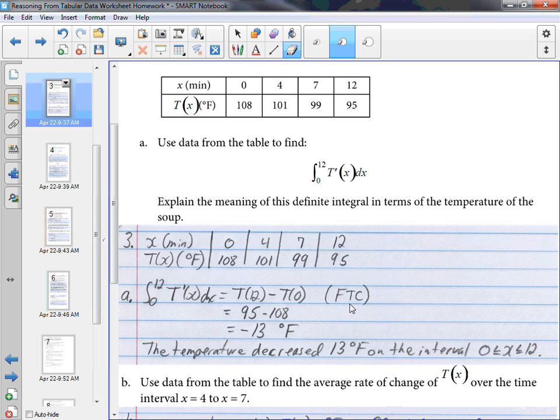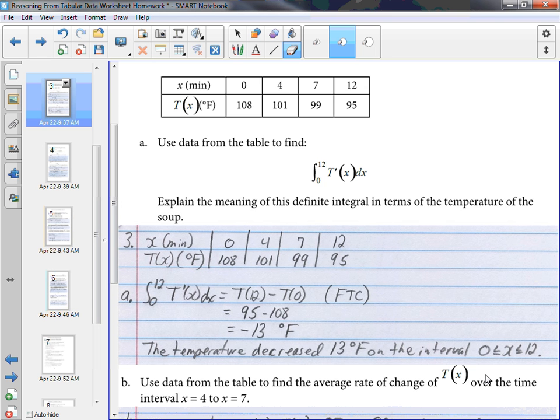That's the fundamental theorem of calculus. So 95 minus 108, and we get a negative 13. Are you surprised that it's negative? You shouldn't be, because the temperature's decreasing, so as we accumulate the change, it ought to be negative. Okay? So the temperature decreased 13 degrees Fahrenheit on the interval from 0 to 12.